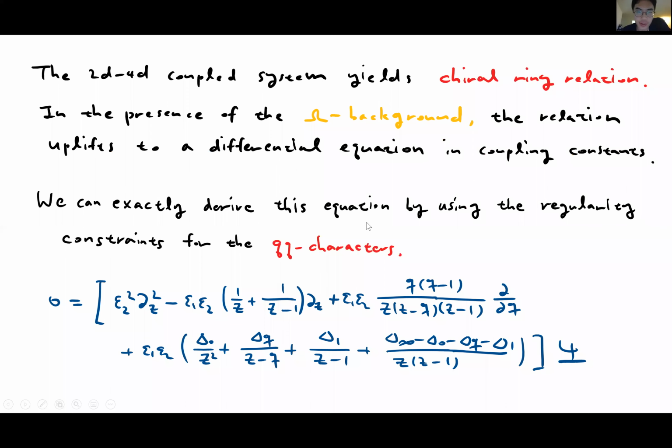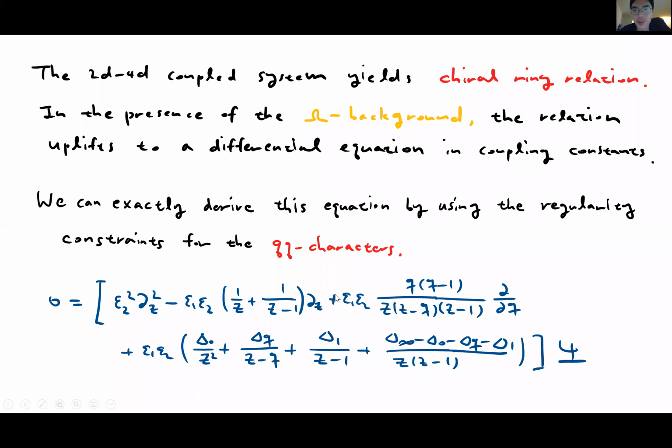Now we are interested in the chiral ring elements of this 2D-4D coupled system. They are chiral operators from the bulk, and they are also chiral operators from the 2D surface defect theory. And they are not freely generated, but they satisfy certain chiral ring relations.